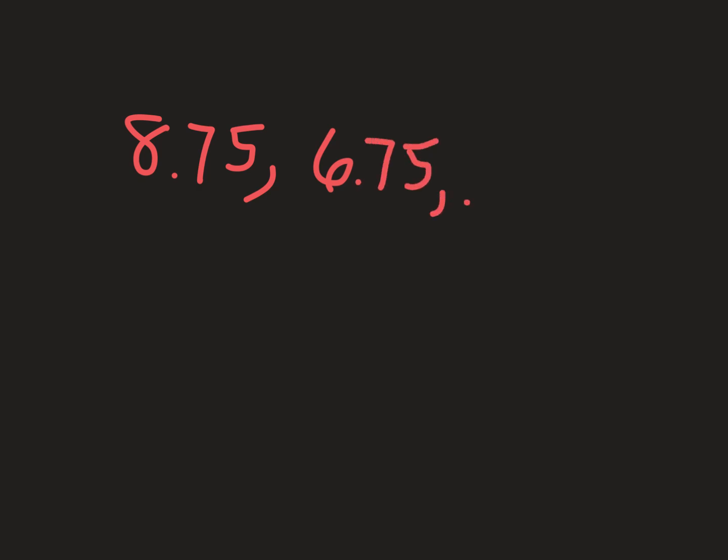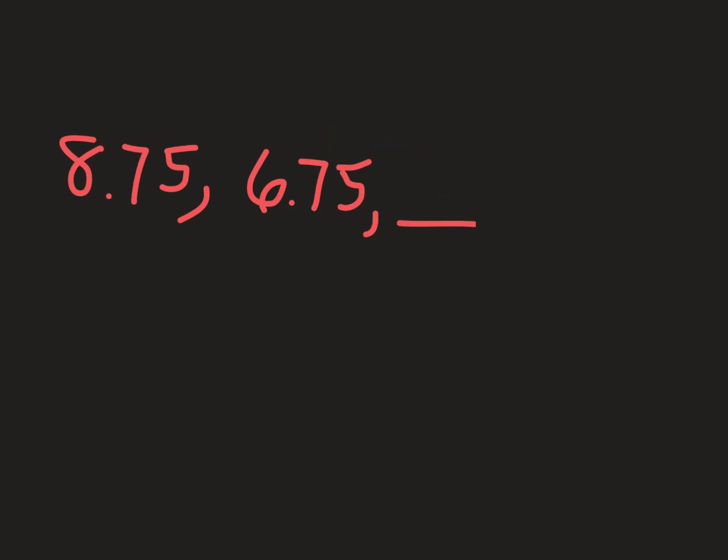All right. So if I give you a sequence that starts with 8.75 and goes to 6.75, and then it'll go to some other number. But this is important. It's a geometric sequence. I don't just want to know the next number. That actually wouldn't be too hard. If you could find that number, awesome.